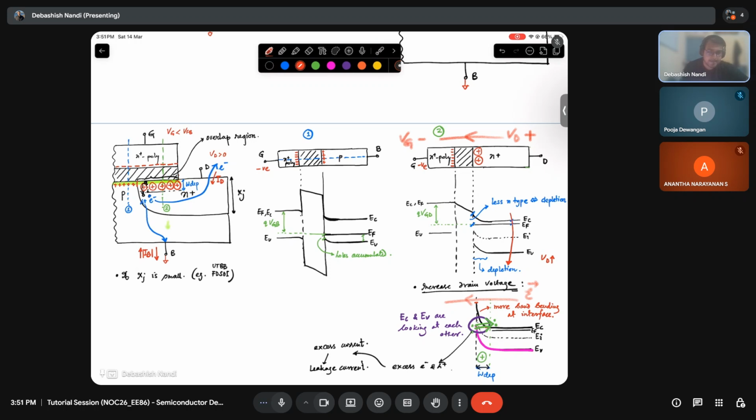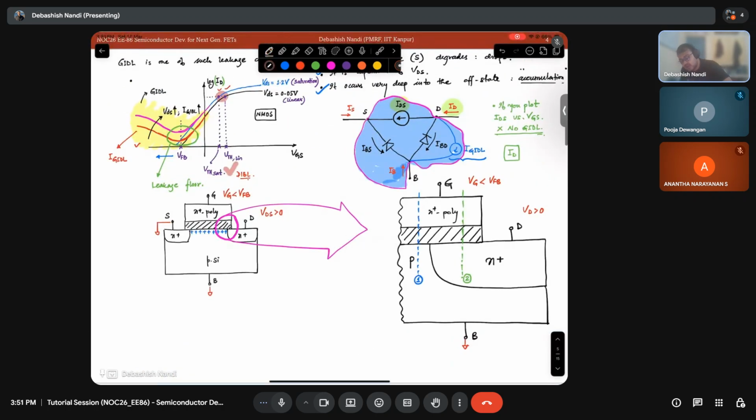Also note that if VDS increases, GIDL increases, the current level increases, and also if your VGS becomes more negative, then your IGDL also increases. Why?